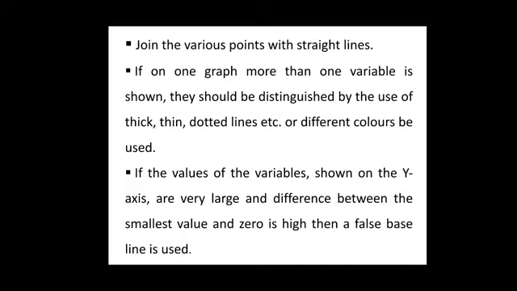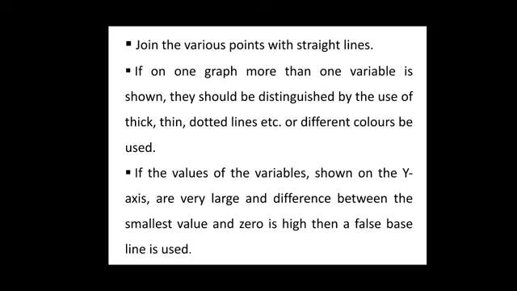In case of false baseline, generally the vertical line is broken into two parts and some blank space is left between them. Thus, the false baseline is represented either by showing a cut or kink on the y-axis.